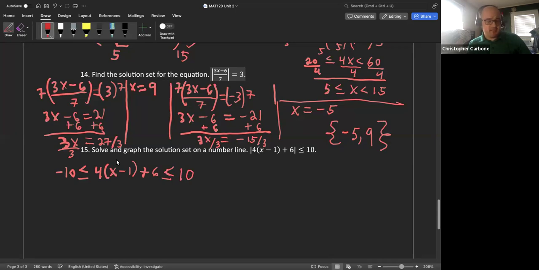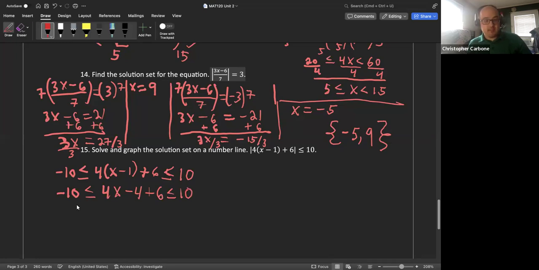First things first, we should distribute that 4 inside the parentheses. Negative 10 is less than or equal to 4x minus 4 plus 6 is less than or equal to 10.